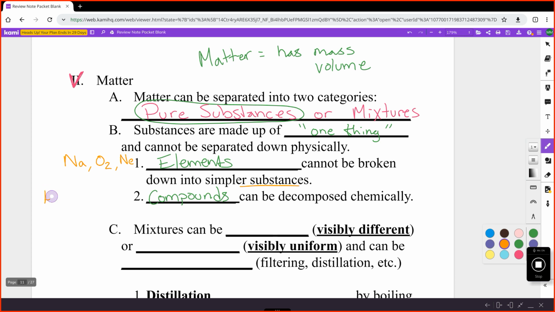And a compound is just when you take different atoms and chemically put them together. Right? Magnesium oxide, H2O, these are examples of compounds. But the thing is, each one of these as an individual substance of matter is a pure substance because it's the only thing in that sample.